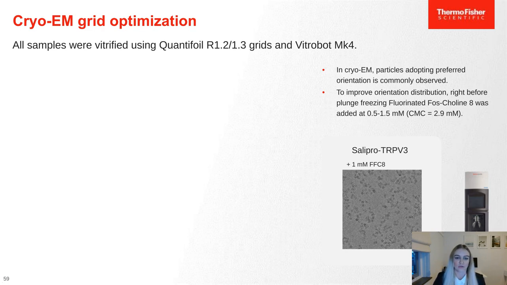factor in cryo-EM that particles do not always adopt random orientations, and they like to adopt preferred orientations in this vitrified ice. So to improve orientation distribution and to help with the reconstructions, just right before plunge freezing, I added a little bit of mild detergent, fluorinated phospholine 8, below the CMC level, just to improve this orientation distribution.